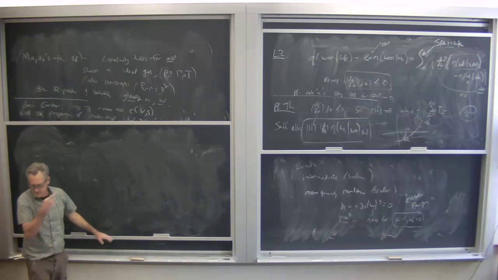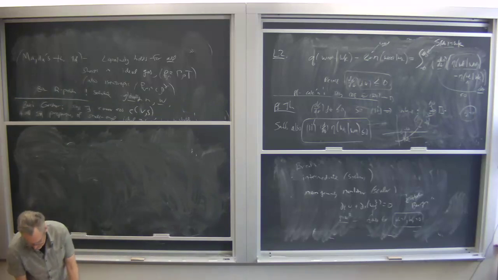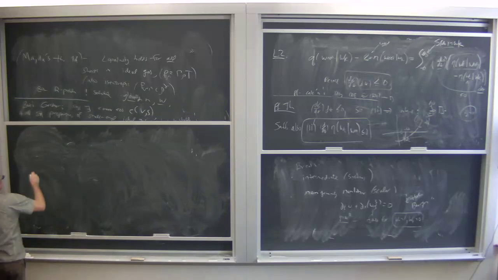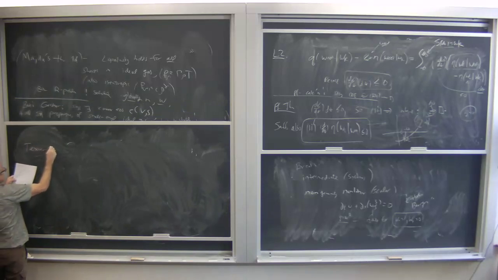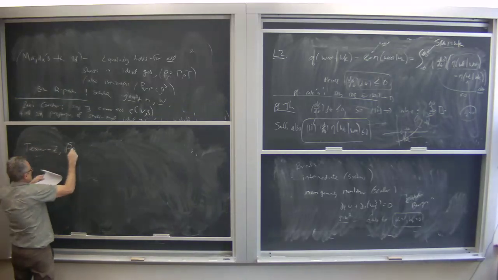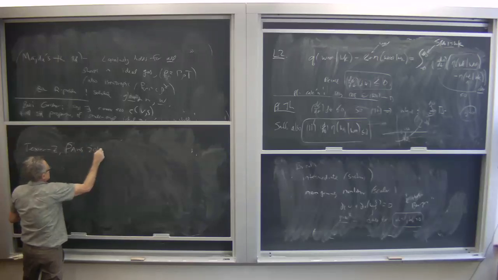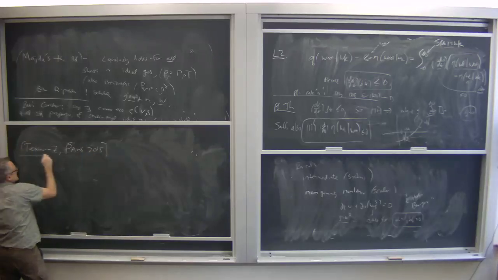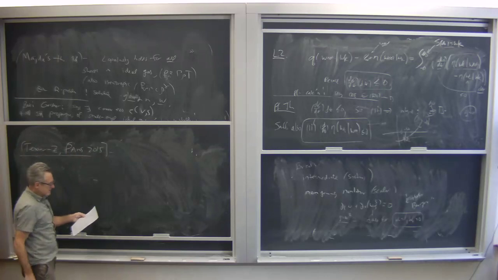And the proof is very much in the spirit of Leger and Vasseur. So this is Texier and me, Proceedings AMS 2015, a little while after we saw this paper.